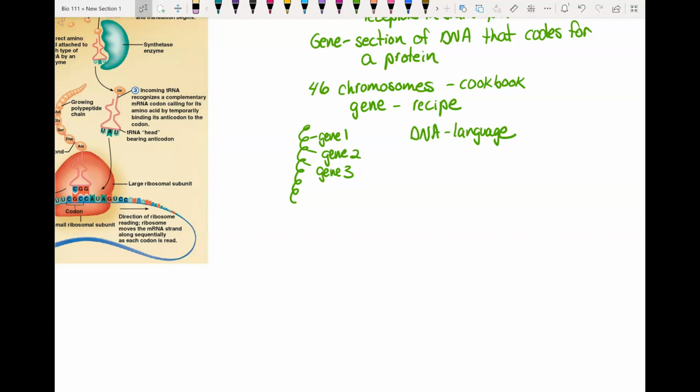They code for traits. So if you think of your gene like a recipe, and the protein is the food that you end up making. So if I have a recipe for chocolate chip cookies, that's the gene. The cookie itself is the protein. It's what you make when you follow those instructions.